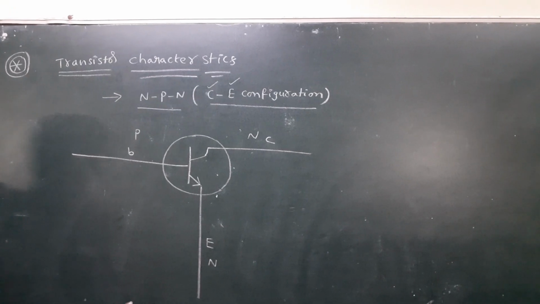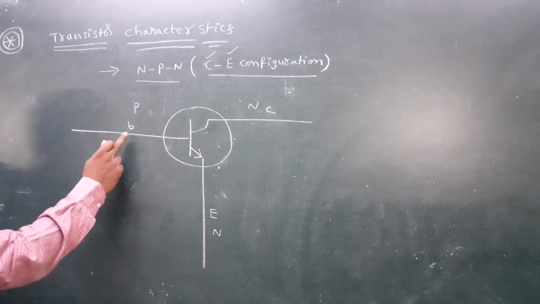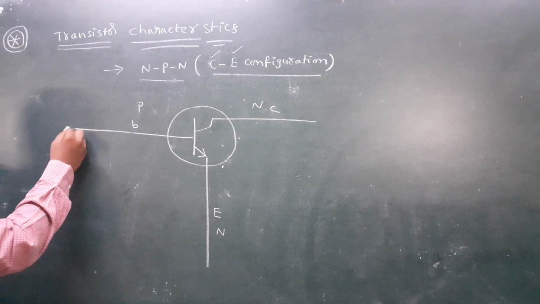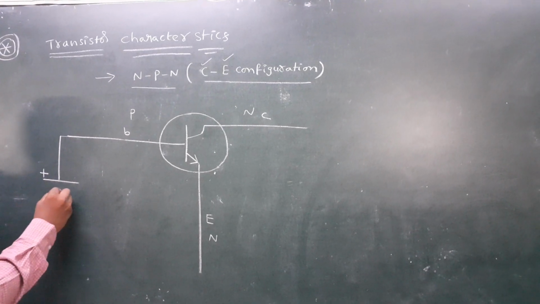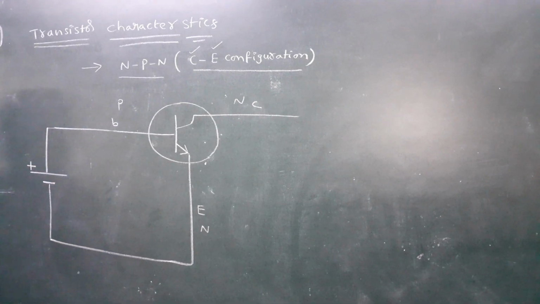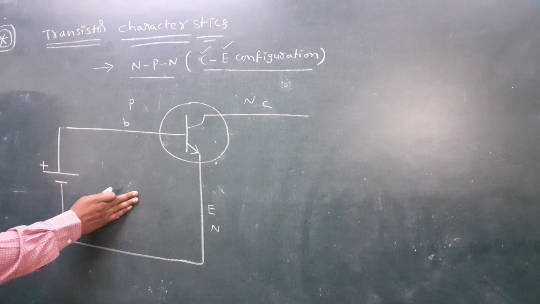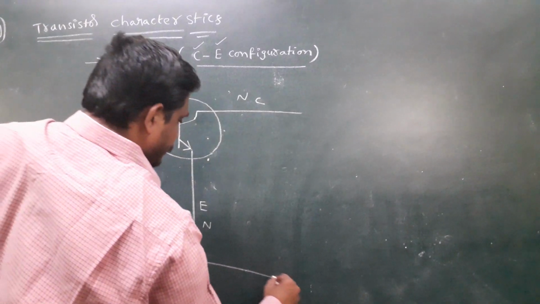The emitter-base is connected in forward bias, that means P is connected to the positive and N is connected to the negative. This biasing is said to be a forward bias. Generally, input is connected to forward bias and output is connected to reverse bias.